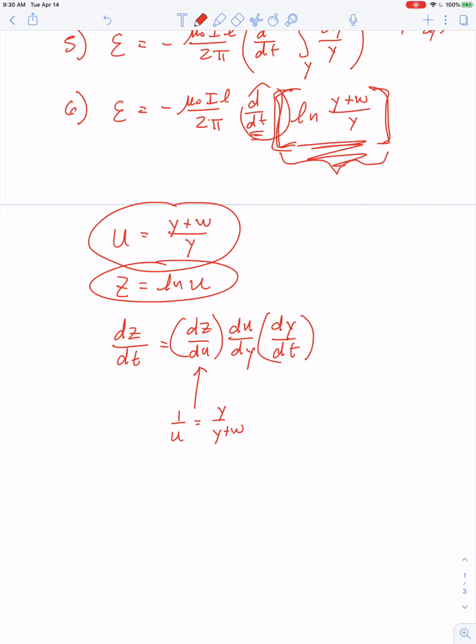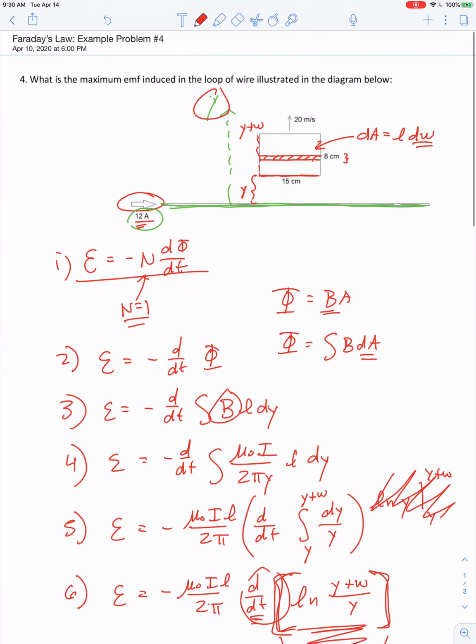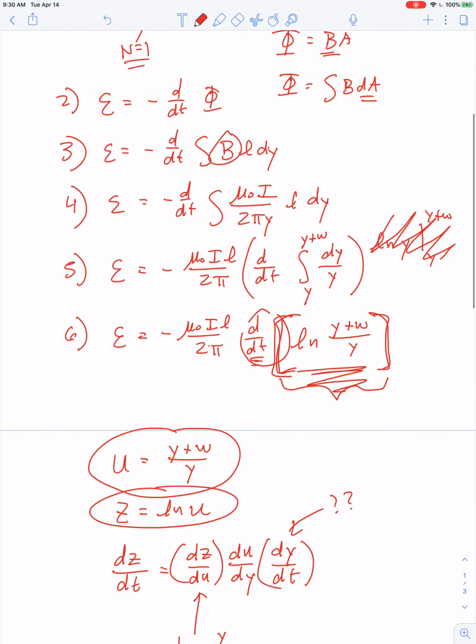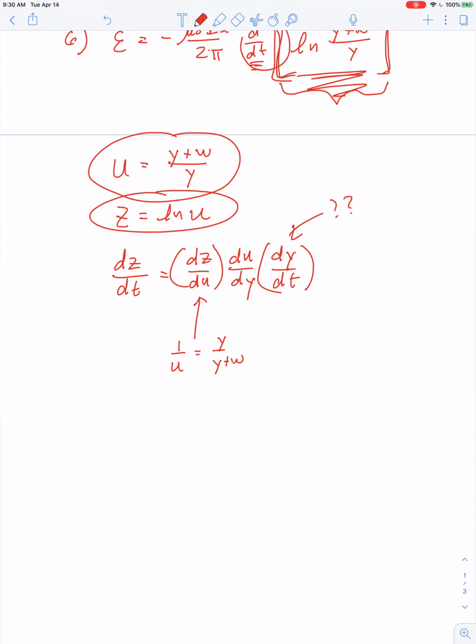And then dy/dt, what's that? Well, that's just the speed with which you're pulling the loop along the y-axis. So this term is just the velocity v. So we're just left with figuring out what's du/dy.